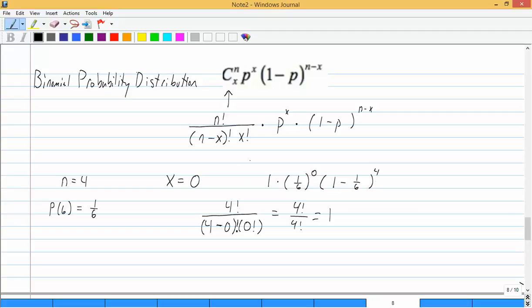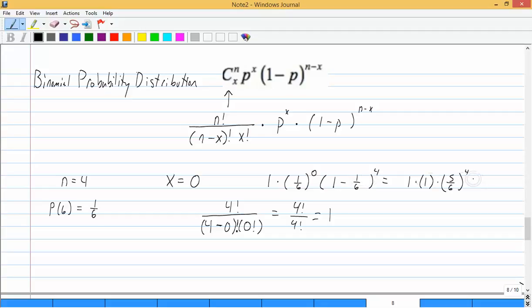So the probability of rolling a die 4 times and getting no 6 is going to be equal to this. 1 times anything to the 0 power is 1, so that's 1 times 5/6 to the 4th power.